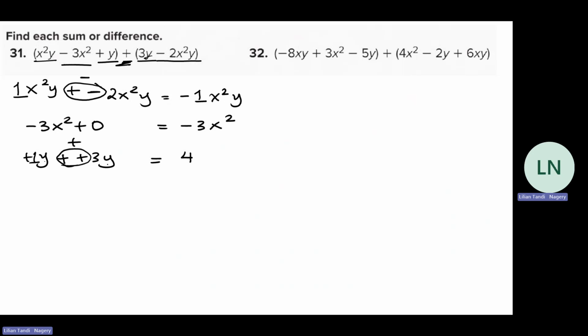And the variable is what? Y. Then I write my answer, and there is positive, so I'll put a positive. Now I put my answer. If it is 1, we don't write it. So negative x squared y minus 3x squared plus 4y.